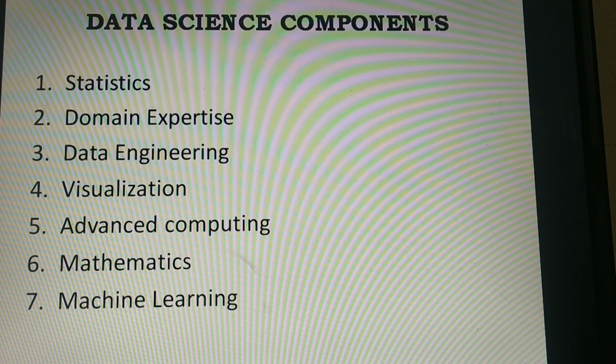Students, we know machine learning is a type of artificial intelligence. It is a subset of artificial intelligence. Machine learning is the backbone of data science. Machine learning is all about providing training to the machine so that it can act as a human brain.